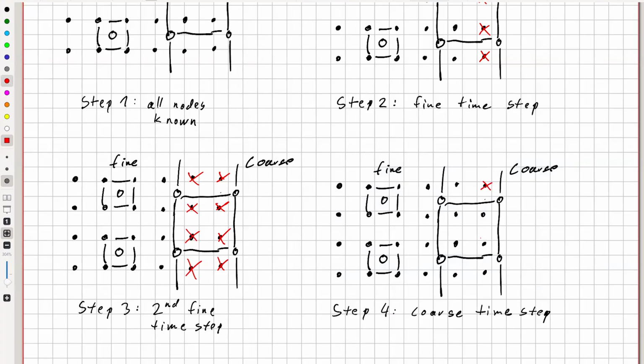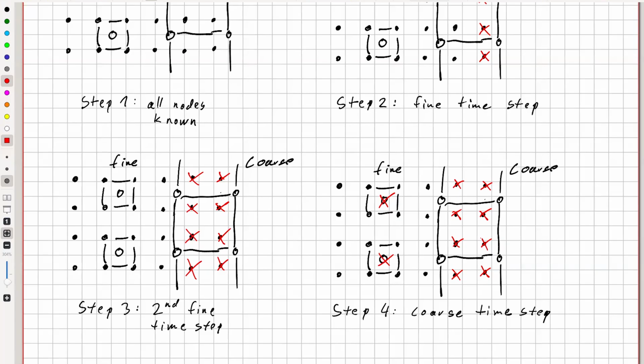So these guys here are already gone. Then we do collision and streaming on the coarse grid, and because after streaming they don't have any neighbors on their left side, they will be gone.